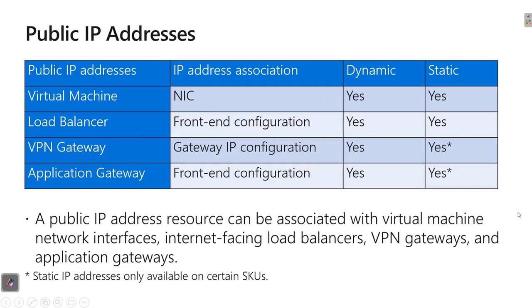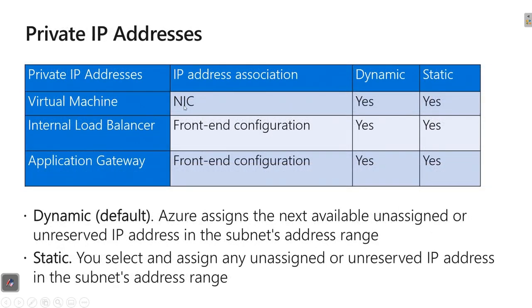During the introduction to networking lecture, we have seen public IP address and private IP address. In Azure, these are some of the places wherein we can see public IP addresses, and you can also check if it is dynamic or static. And this is the public IP address list. For example, the virtual machine NIC has a public IP address, and in the next page, I do have the private IP address also.